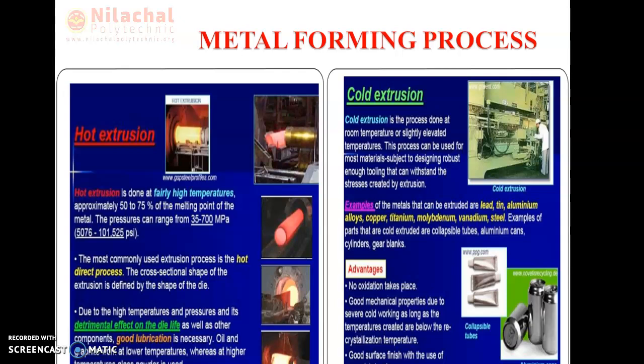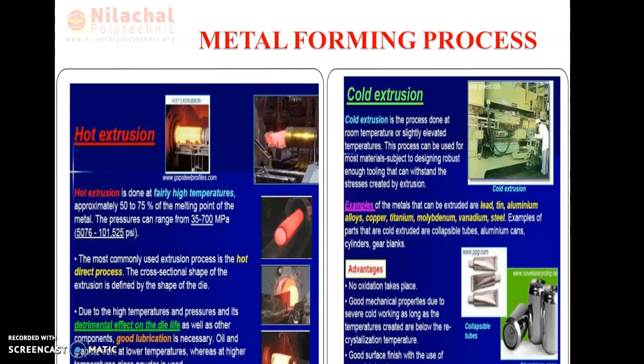The most commonly used extrusion process is the hot direct extrusion process. In direct extrusion, hot extrusion is mostly carried out. The high temperature and low pressure determine the effect on die life.